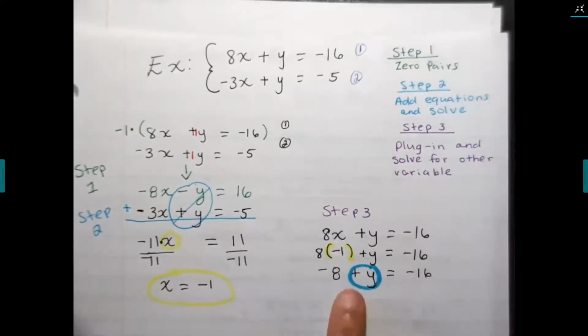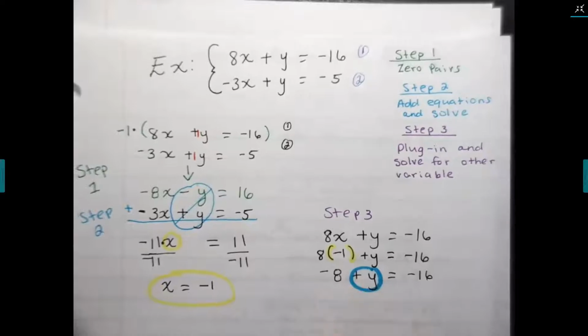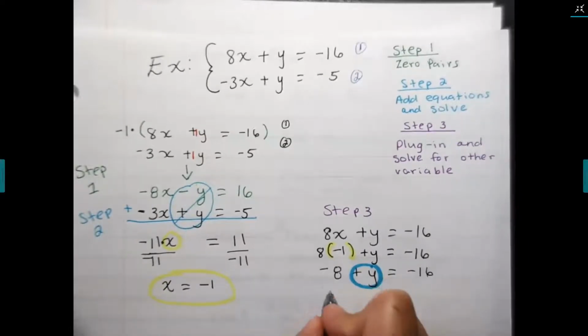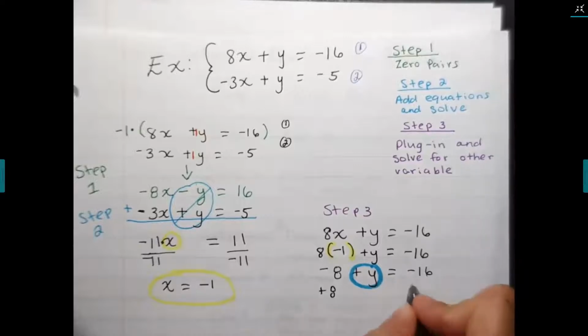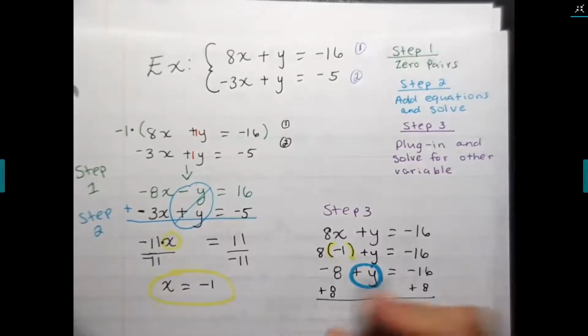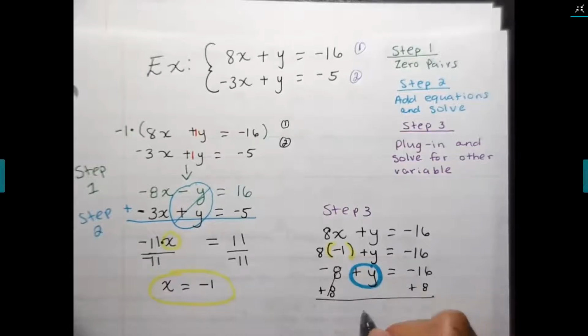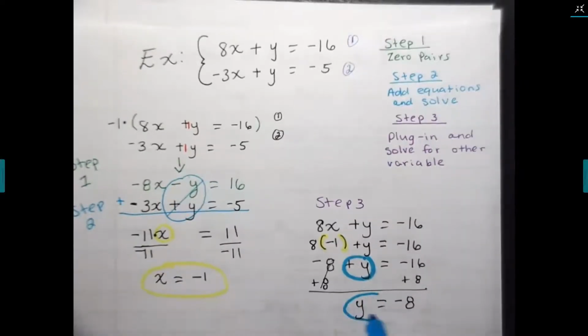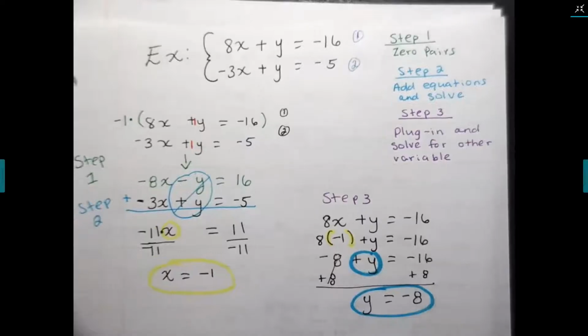I'm not dividing because it's not being multiplied. It's added, so be careful. So to get rid of -8, I've got to add 8. Which now I'm going to bring down that y. -16 plus 8, that's going to give me -8. And I have effectively found out the value of y.